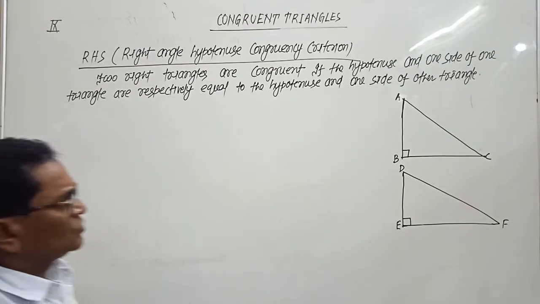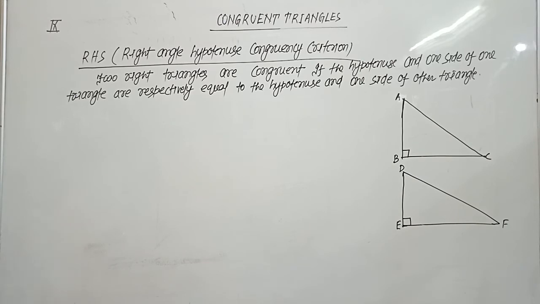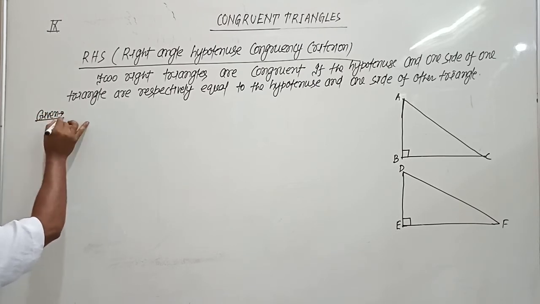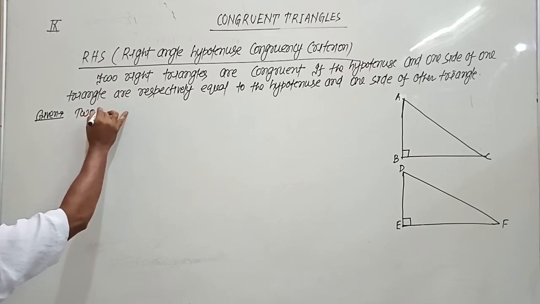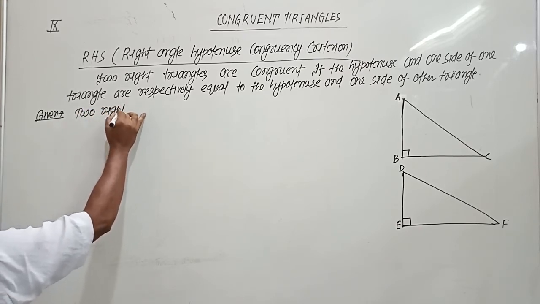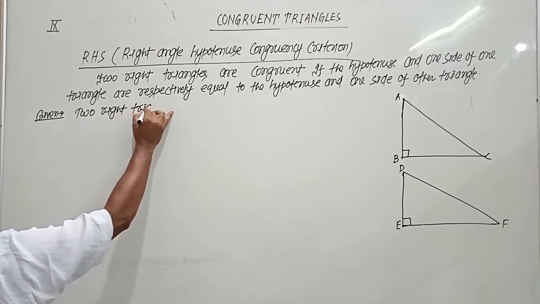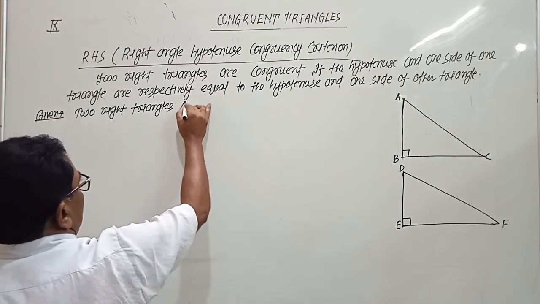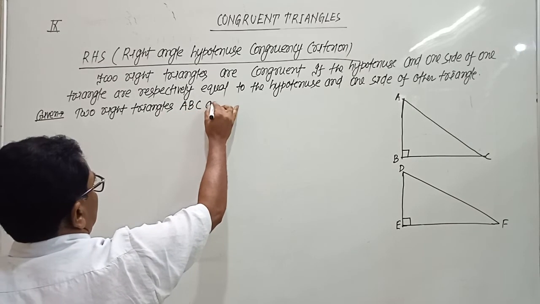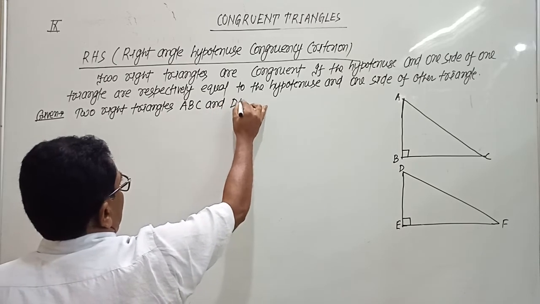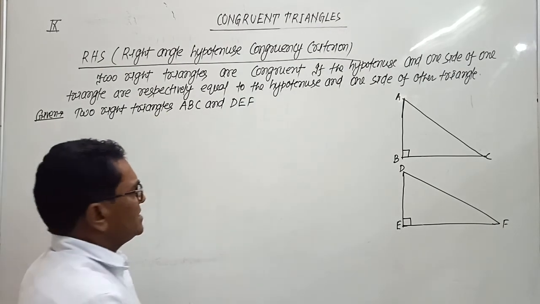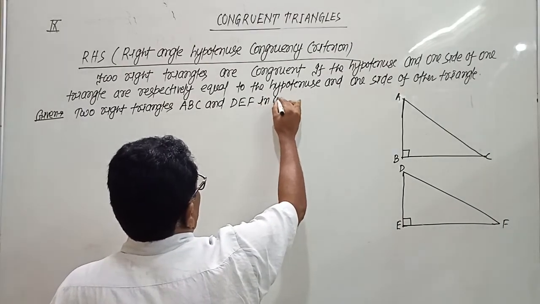So, given two right triangles ABC and DEF.